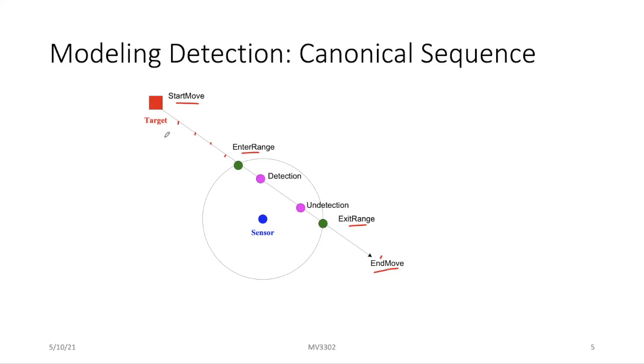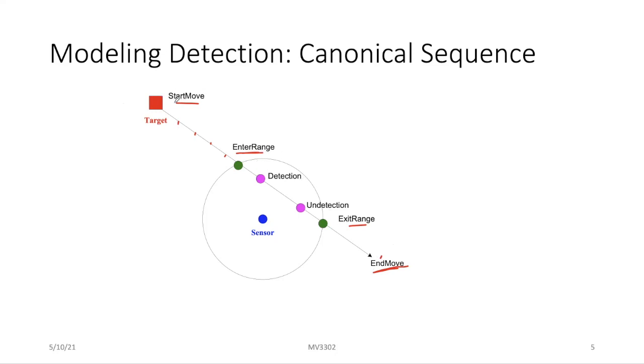So I won't get into it here, but since we are modeling it using just these events, and remember, nothing happens in between these events, if none of this happens, then the end move will happen, and everything's going to be fine, because that's the way discrete event works. But now we need to figure out, can we schedule this enter range event?